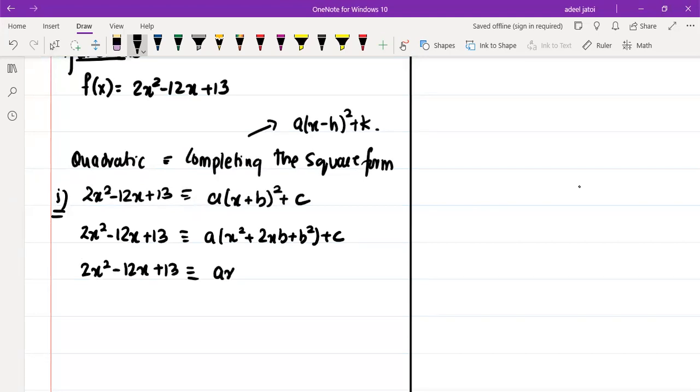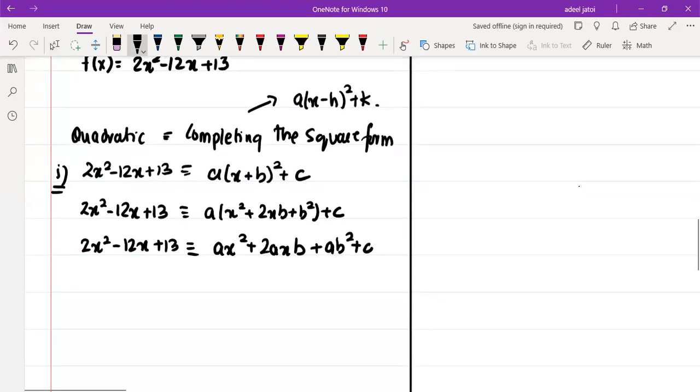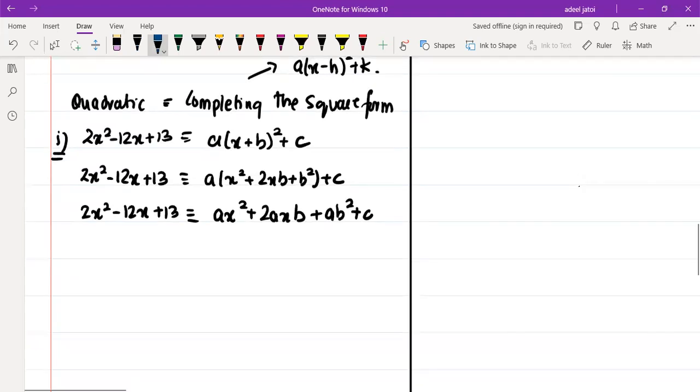That would be ax² plus 2axb and ab² plus c. Now, since we have opened the completing the square form and we have the quadratic form, we know that the comparing method can be used to identify or take out the values.